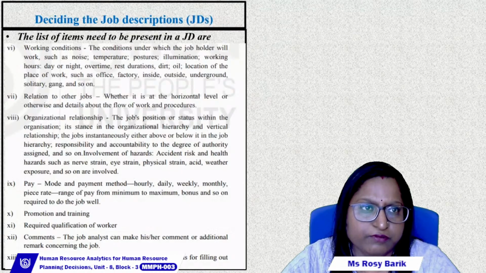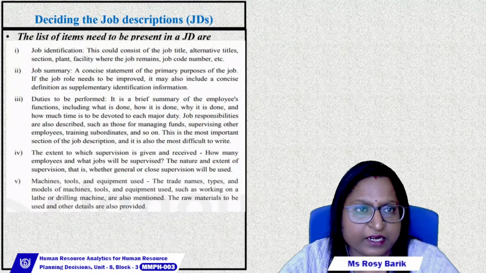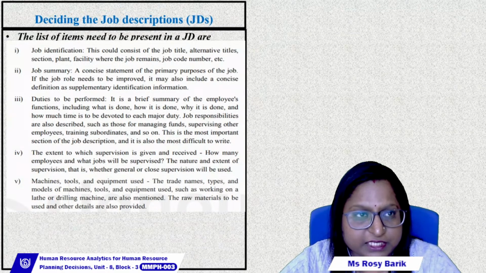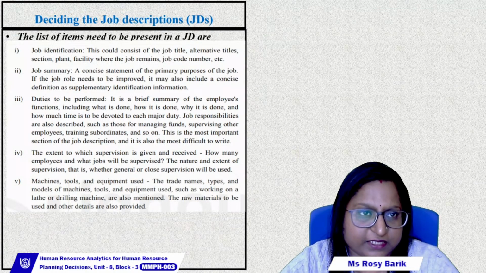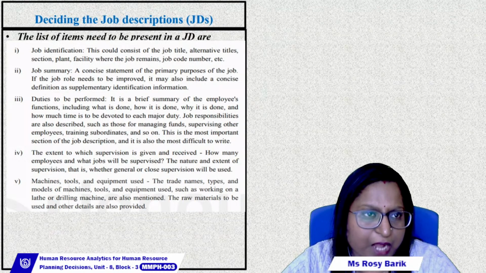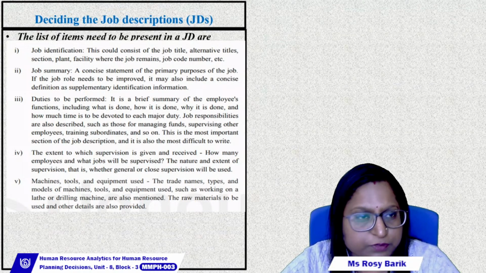Now we will look at the list of items that should be present in the JD, the job description. The first one is job identification. This could consist of the job title, alternative titles, selections, plant or section, the facilities where the job remains, the job code number, etc. Then the job summary, a concise statement of the primary purpose of the job.